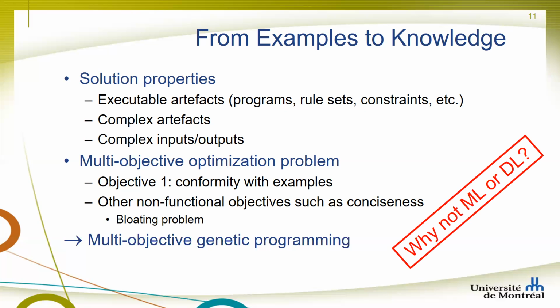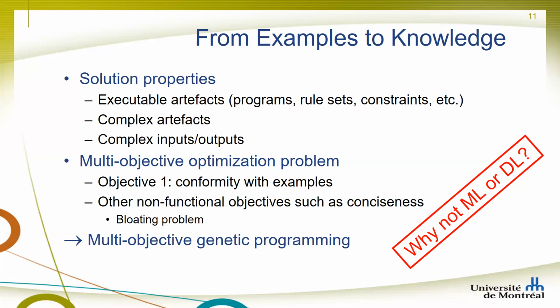Now the question of today: as soon as we are talking about learning, why not use machine learning or deep learning? We have many reasons not to. The first reason is the amount of data that we have. In learning artifacts from examples, we do not consider the examples as examples from which to infer something more general.